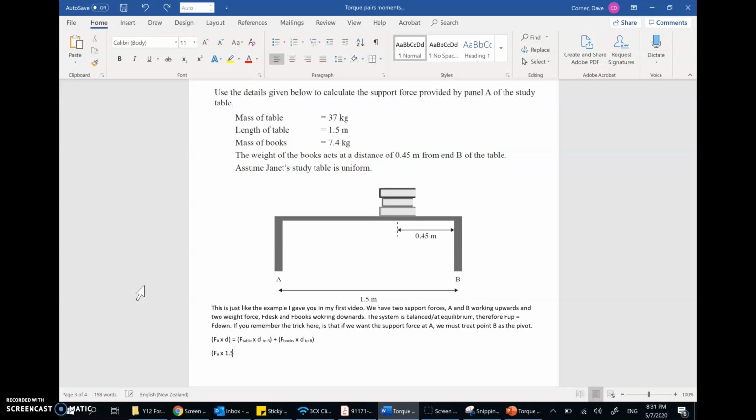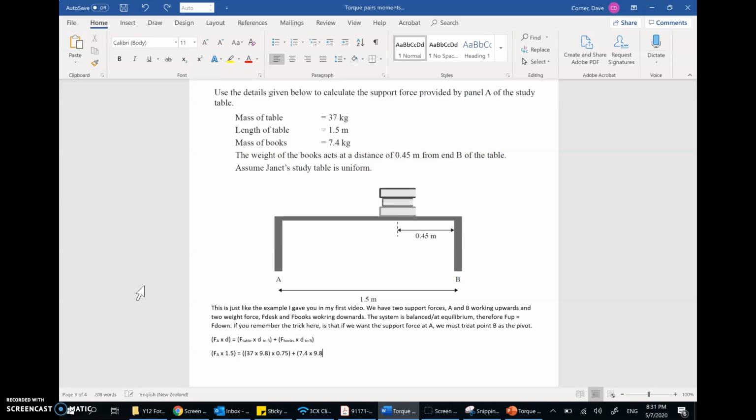When we fill in the numbers, we have FA times 1.5, because that's the distance from support force A to support force B, equal to 37 times 9.8 to get the force of the table, multiplied by half its distance, which is 0.75 meters.